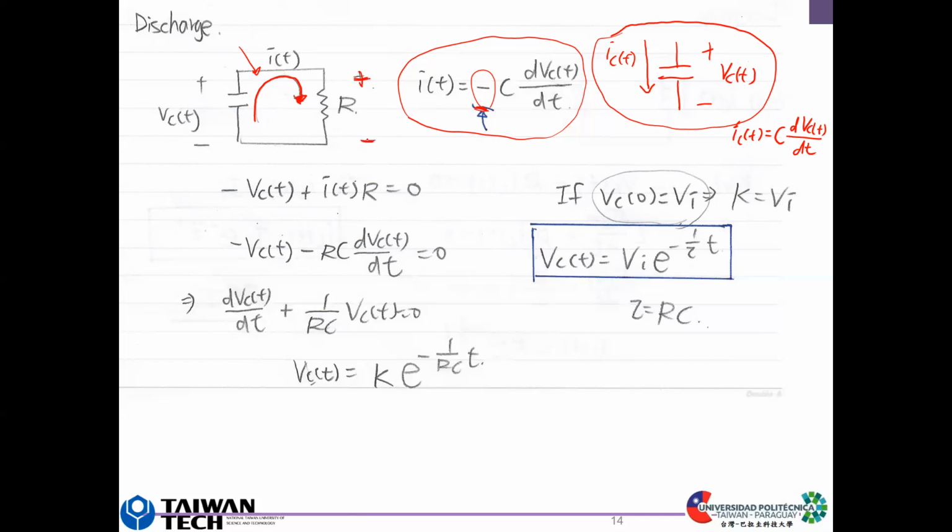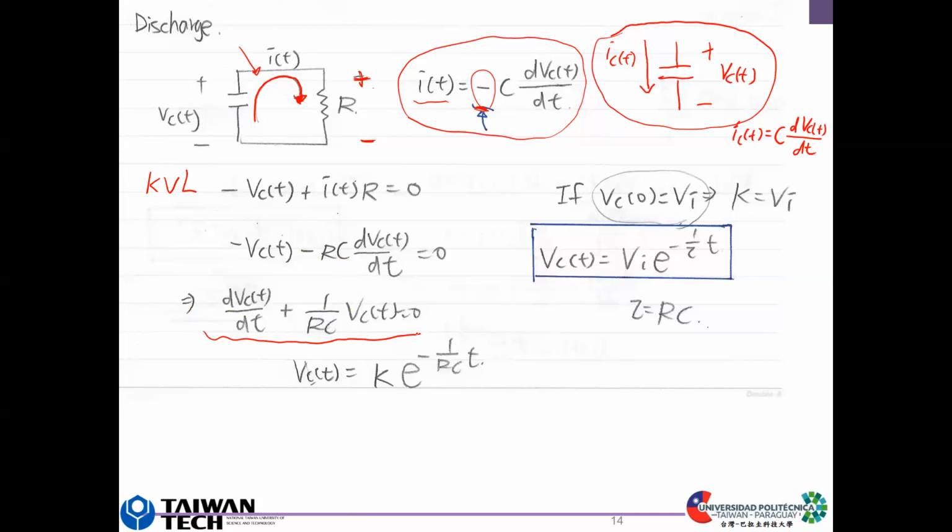Again applying KVL, we start from the left bottom: minus V_C plus i(t) times R. You replace i(t) with minus C dV_C/dt equals 0, then multiply by positive 1 and divide by RC, and you have dV_C/dt plus 1 over RC V_C(t) equals 0.